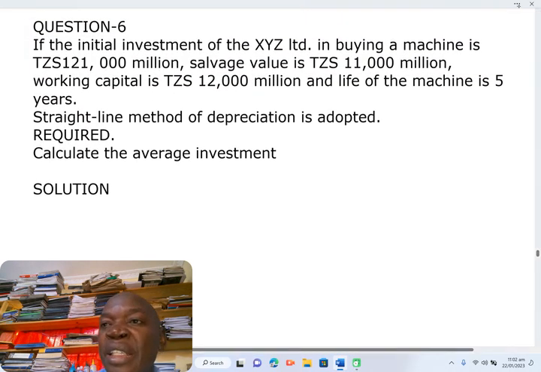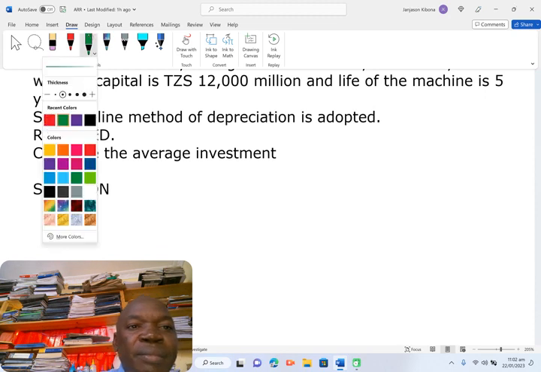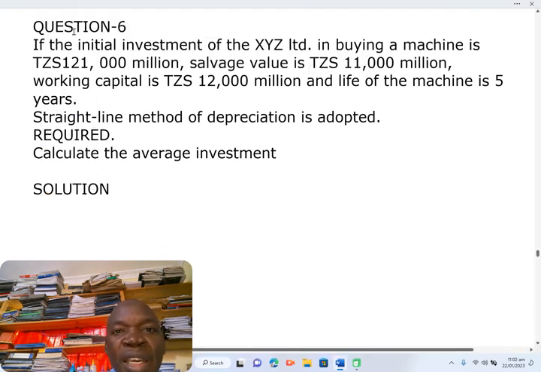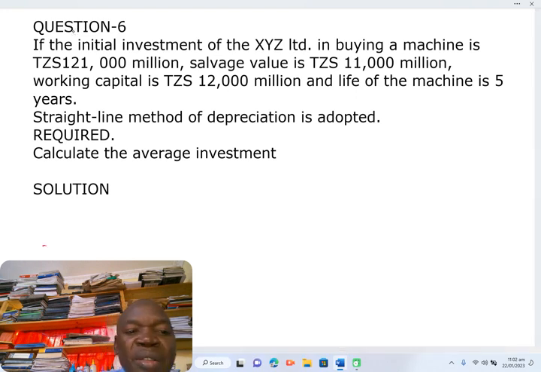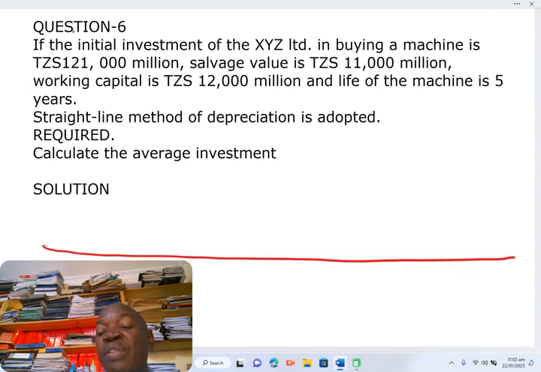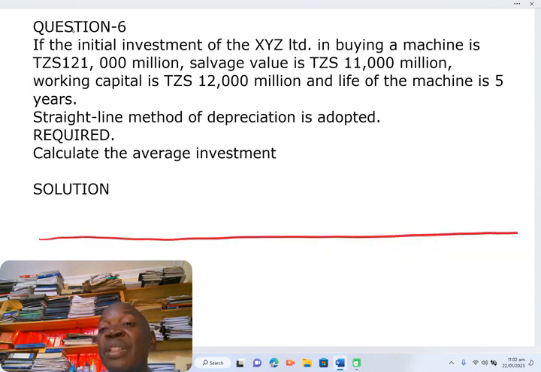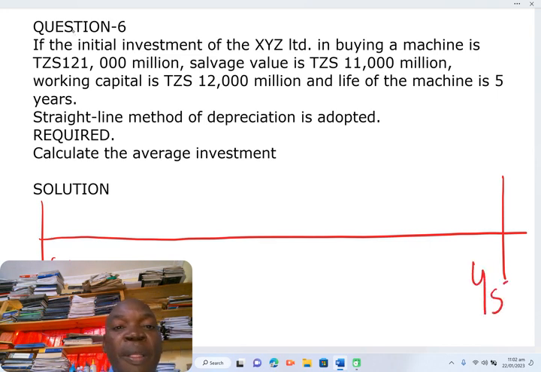What he's saying here in the diagram, let me go through the diagram. He said, initial investment of XY Limited. There is initial investment. And we have here note. Again, we have here 5.